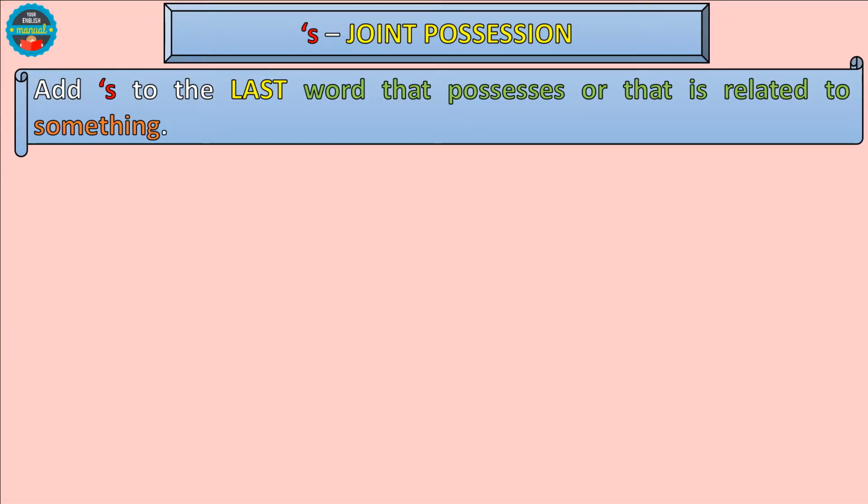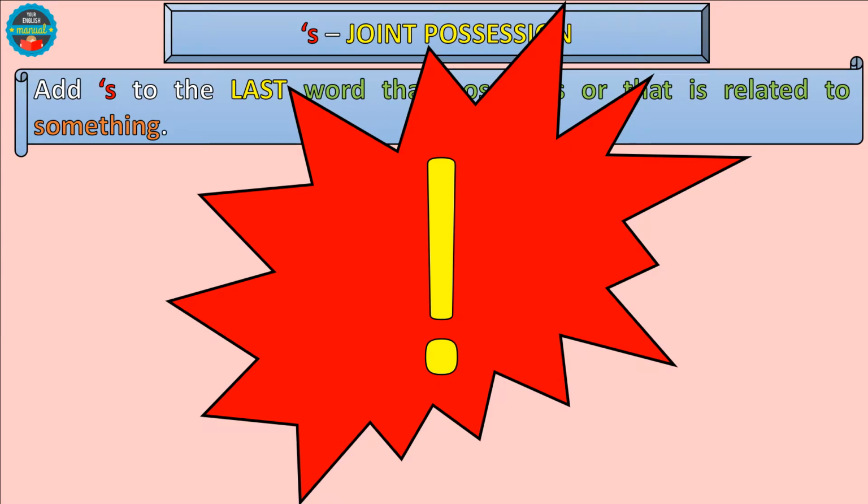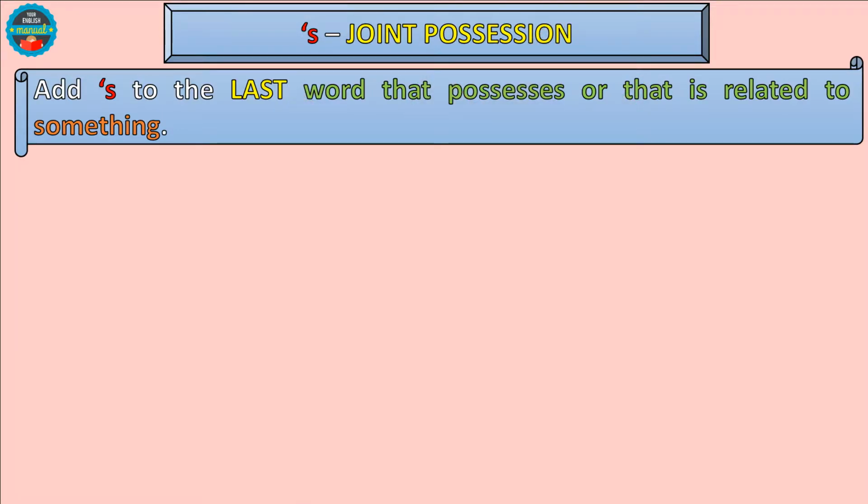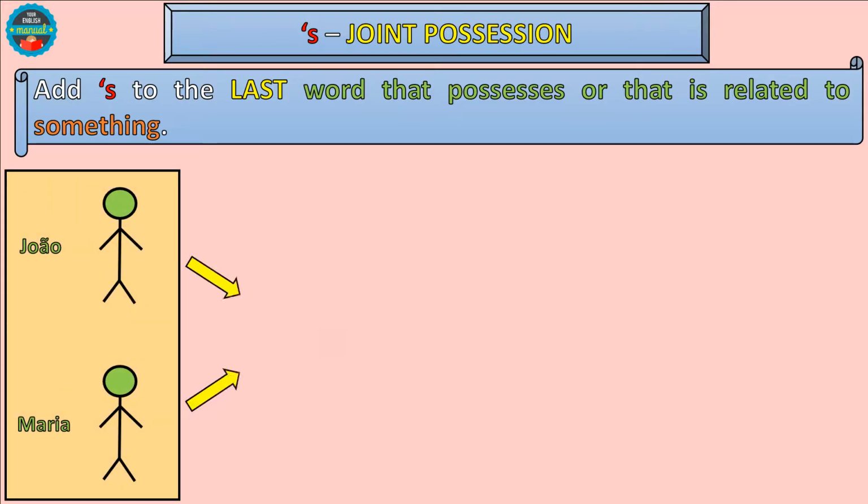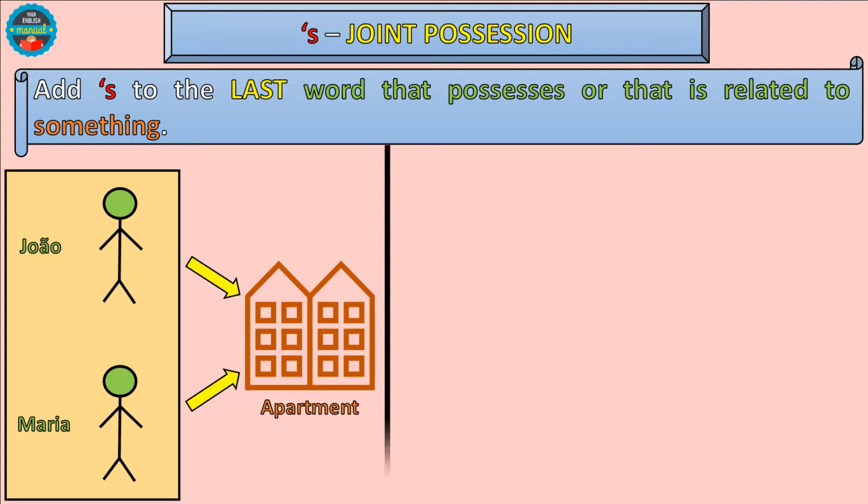Now, pay attention. We have to use the apostrophe s in the right place, otherwise it may become confusing in some cases. When we talk about joint possession, it may be that two or more people have one thing together, in the singular.